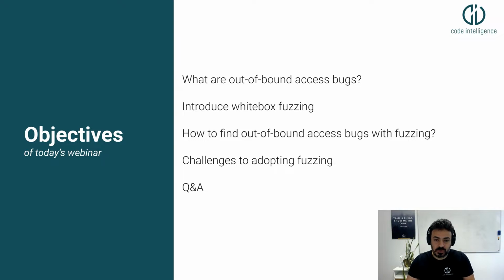I'll also introduce at a high level what fuzz testing is, or what white-box fuzz testing is, and then see how we can use fuzz testing to automatically find out-of-bound access bugs in our code. Towards the end, I'll discuss some of the challenges of adopting fuzz testing in production or in teams, and then end with some Q&A.